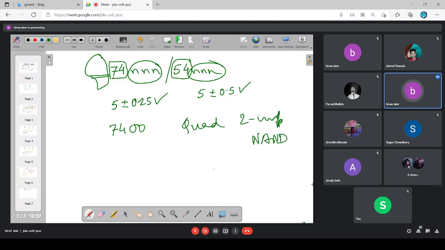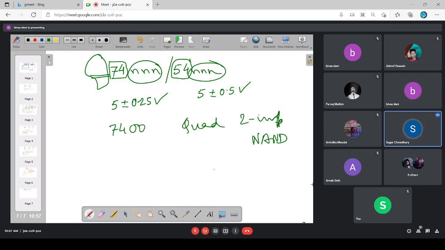That means inside the 7400, I have 4 two-input NAND gates. For 4 two-input NAND gates, how many IO pins are there? 12. Apart from that, one VCC and one ground terminal. That means this is a 14-pin IC, where I have one VCC line, one ground line, 8 input lines and 4 output lines.